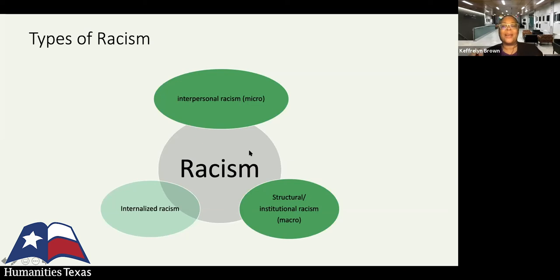And we'll also think about it at the level of citizenship, which is a really important idea when we're thinking about this particular time period and Black people. And Dr. Brown will discuss that now. Next slide, please.